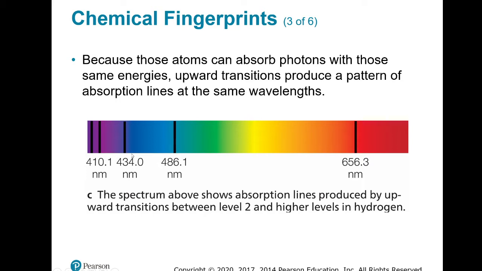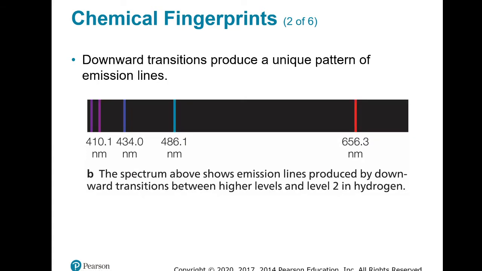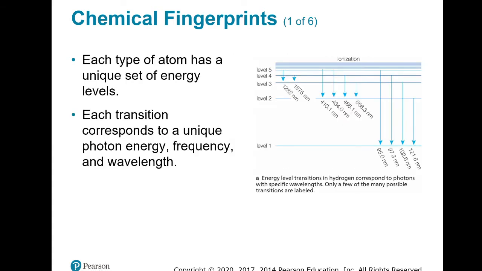The wavelengths they absorb will be dependent upon the identity of the atoms within that gas. So it's only going to absorb wavelengths that are equal to the difference between two of these levels.